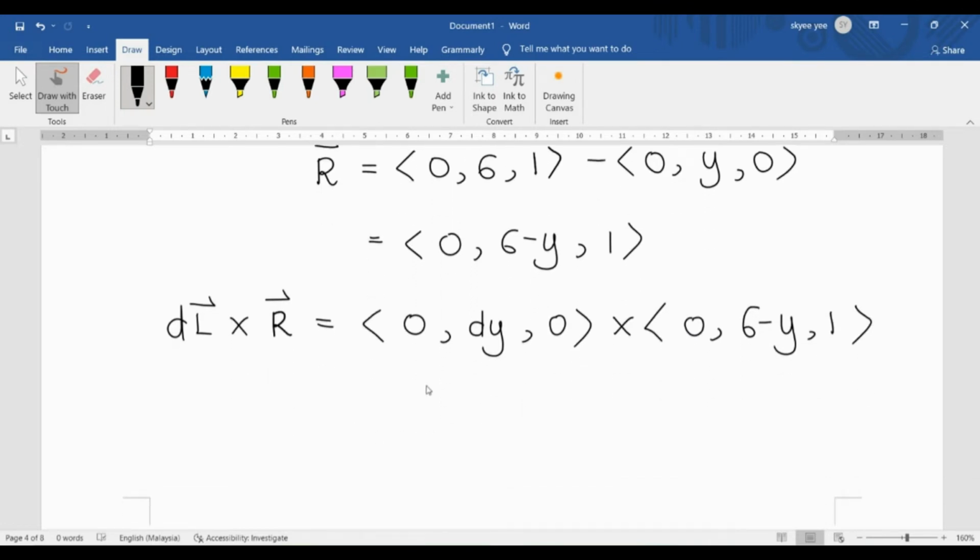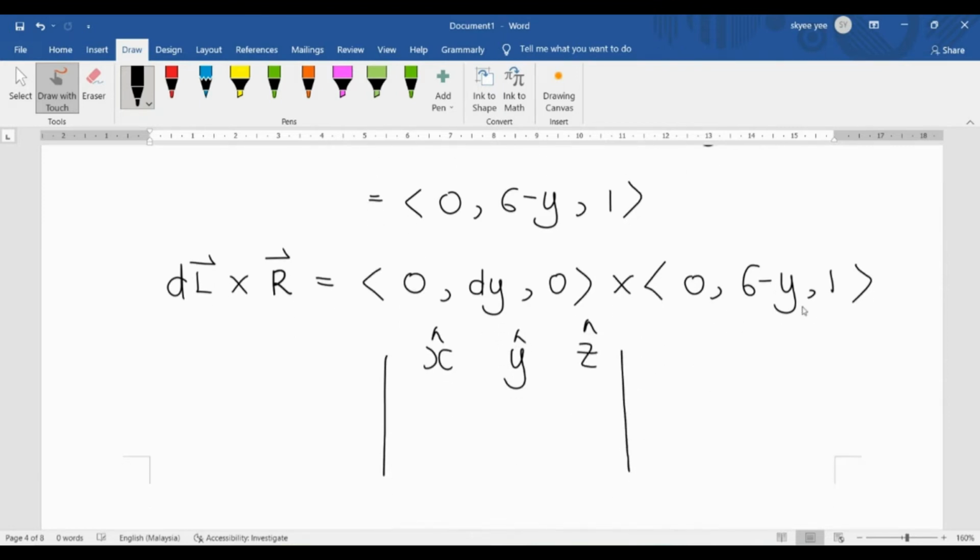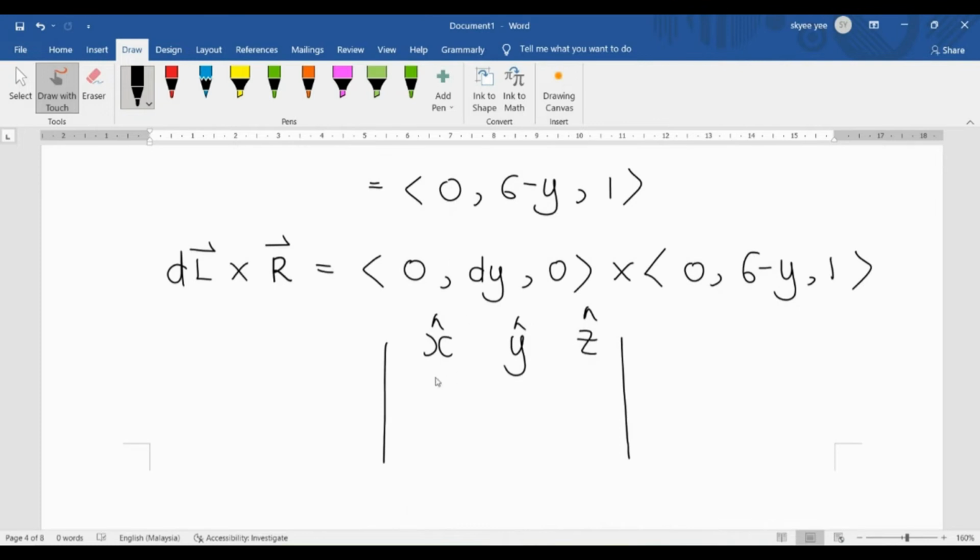Don't worry, this is not complicated if you still remember how to perform the cross product. Actually you can use Maple to solve it also, but I just want to show you the steps.